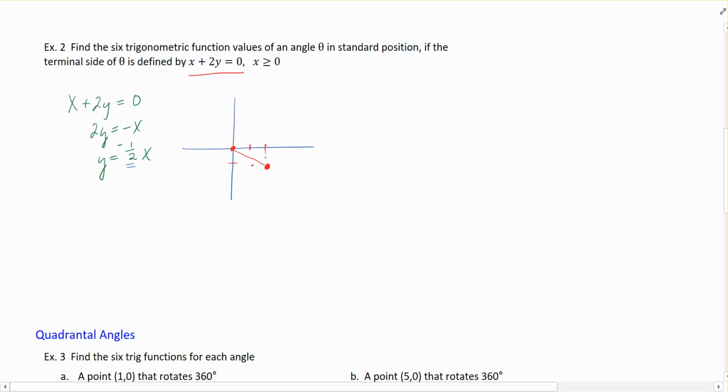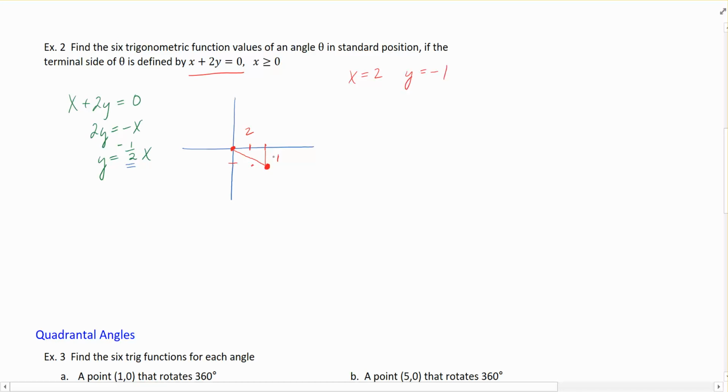Now if I were to finish this off by drawing my right triangle, I know that one leg, my y value, is going to be a distance of 1, because I can see that from the graph, and my x value is a distance of 2. So x is equal to 2, and y is equal to negative 1.